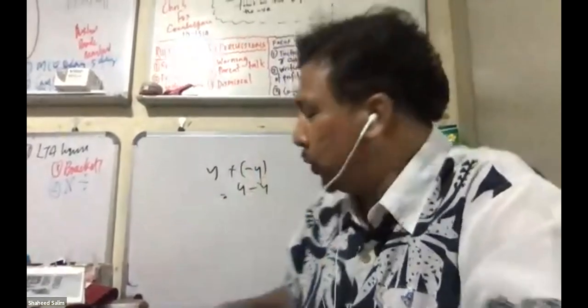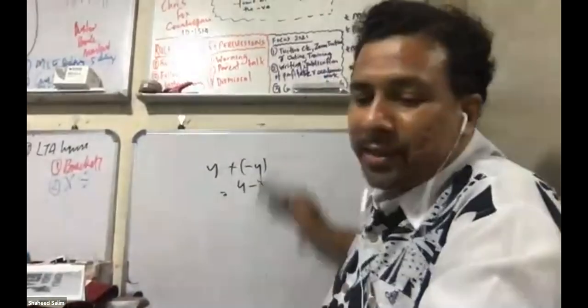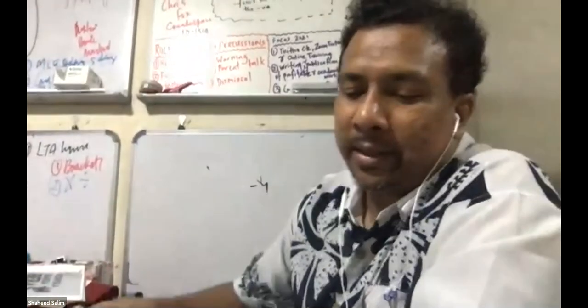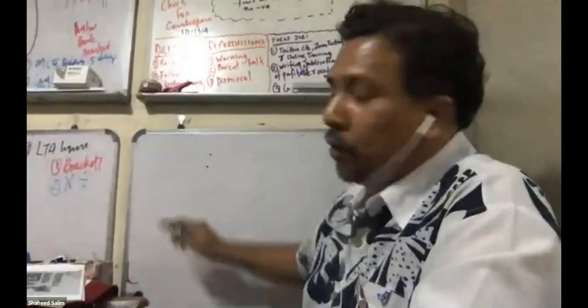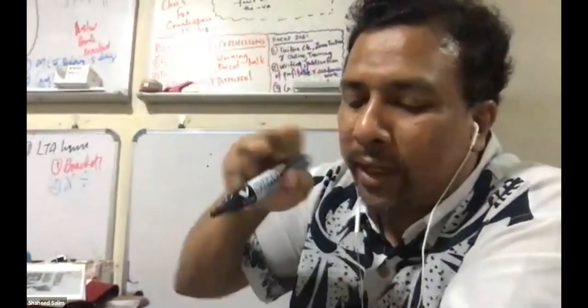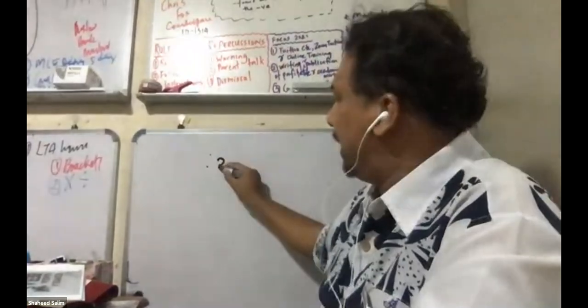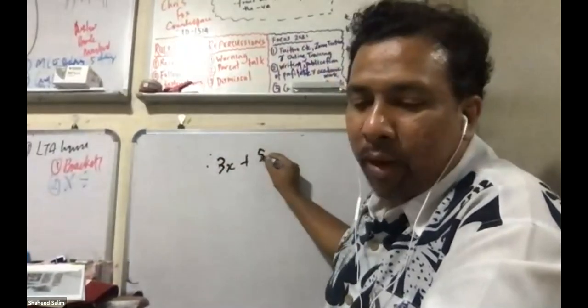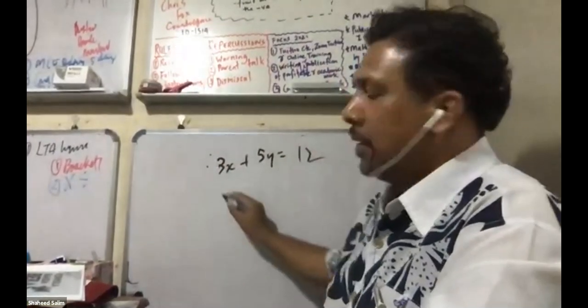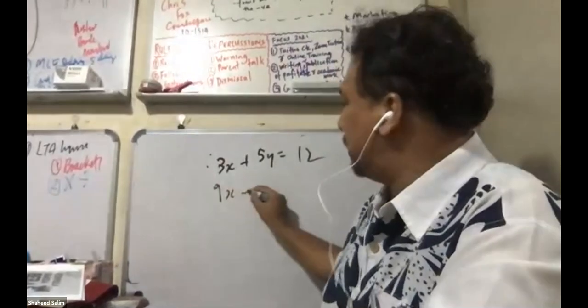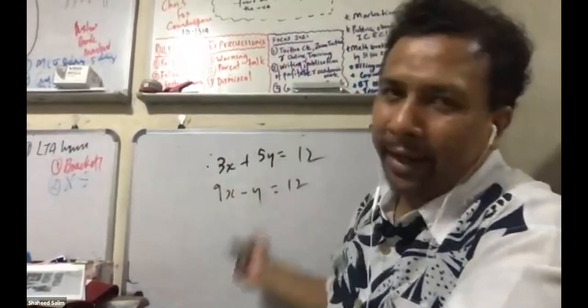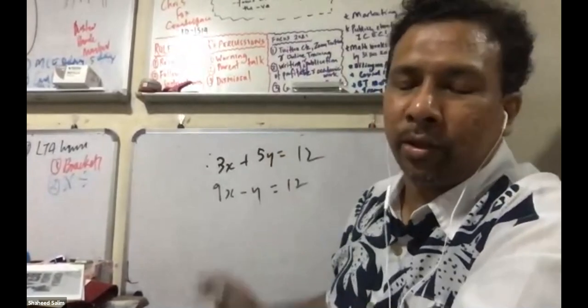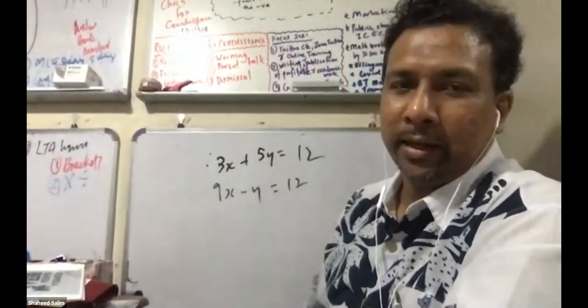Question 3, just to tell you, the simultaneous question is like this. Although they give you one equation, there's two equals there. So what they are saying is 3x plus 5y equals 12, and the other one is 9x minus y equals the same thing. You can break it up into these two equations. Do you get it?